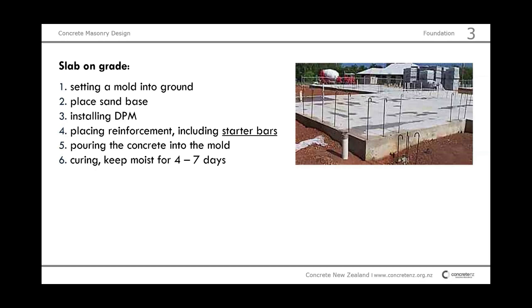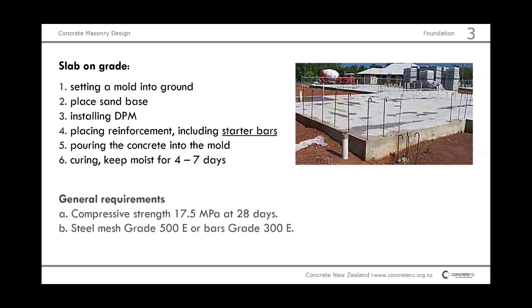When you pour the concrete, you keep it moist for at least, let's say, 7 days to ensure there is a homogeneous curing. The minimum strength will be 17.5 MPa. I know it's mostly rather 20 MPa. And yes, since Christchurch, you're very familiar with that, we need at least a 500E mesh in the slab.